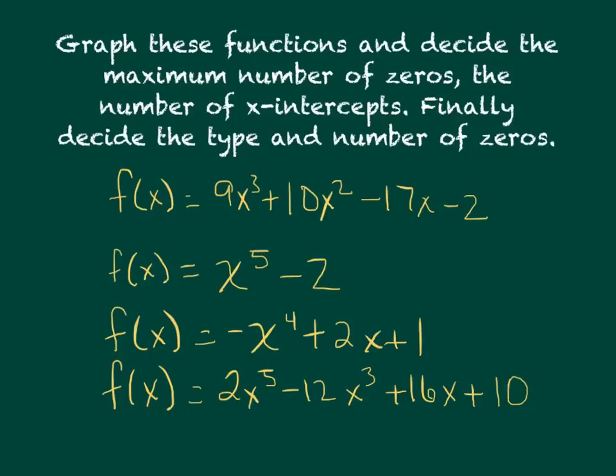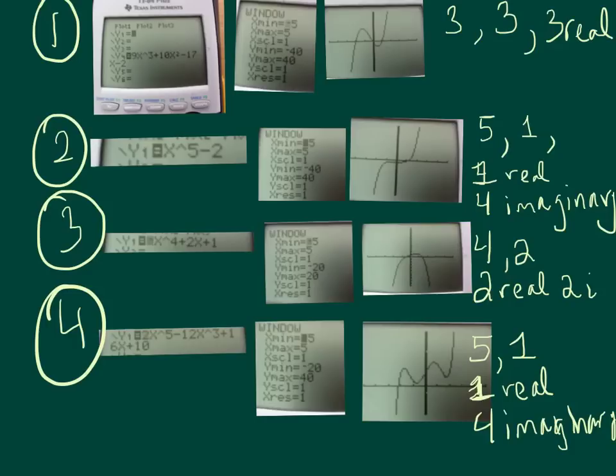Now, I want you to graph these functions on your own, and I want you to determine the maximum number of zeros, the number of x-intercepts, and finally decide the number and type of zeros. The answers are on the following slide. And so here are the answers to the questions on the previous slide.